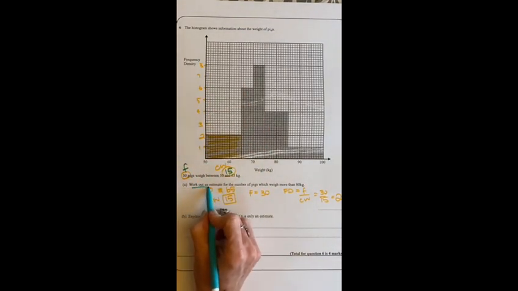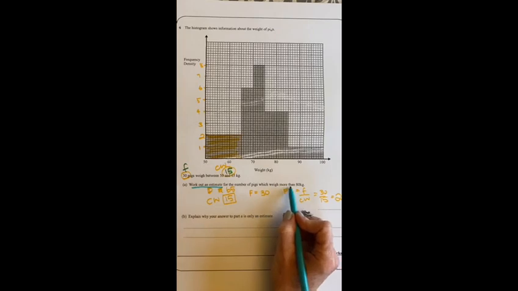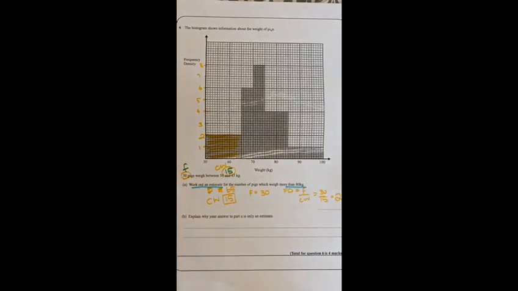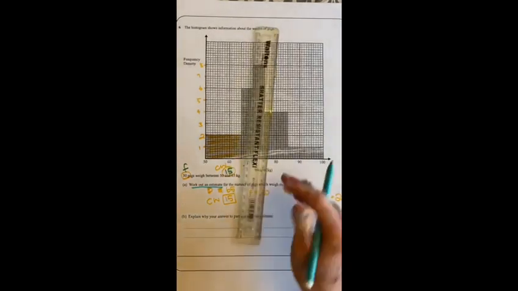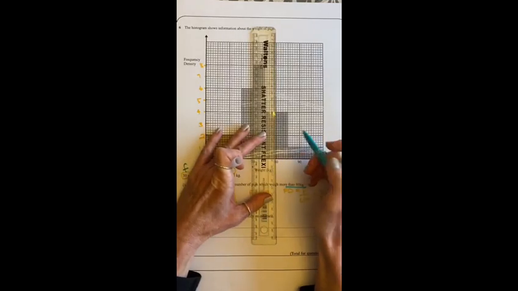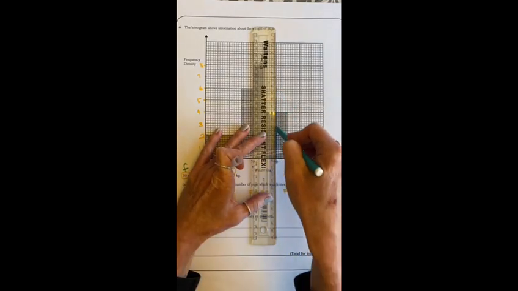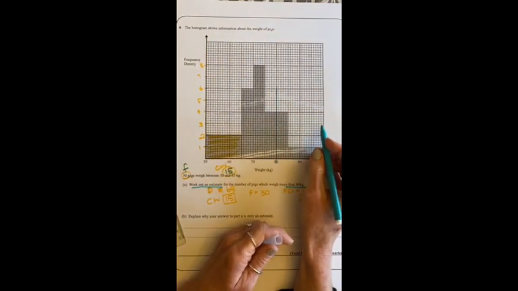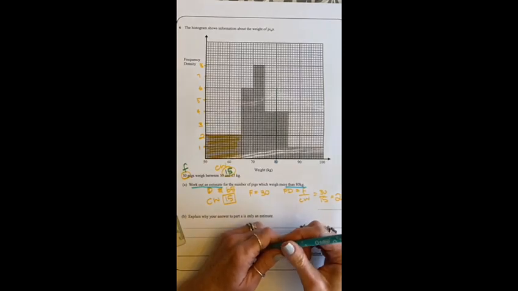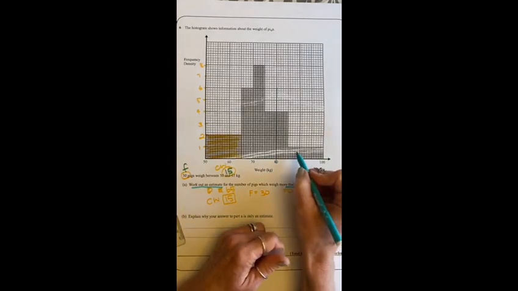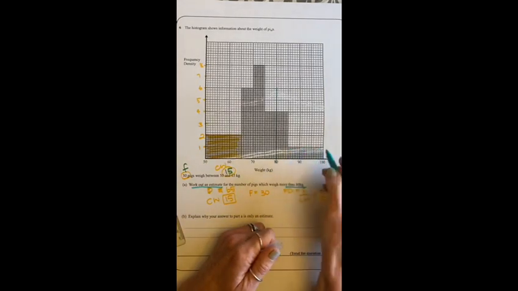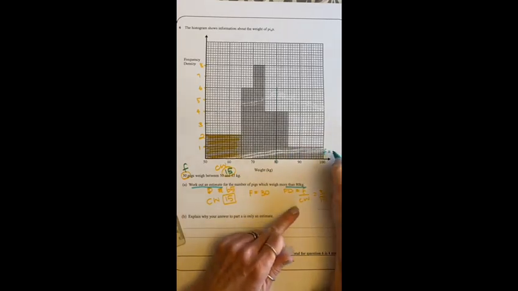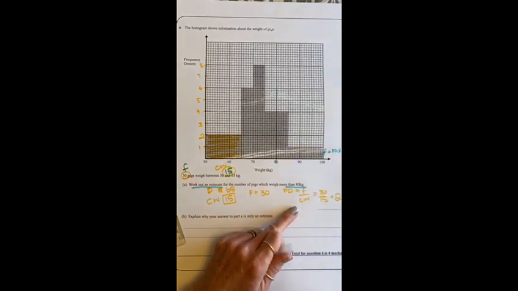Now it says work out an estimate for the number of pigs which weigh more than 80 kilograms. So here is more than 80 kilograms over here. We can work out the frequency for this part. Frequency must be equal to frequency density times class width. We've talked about that.